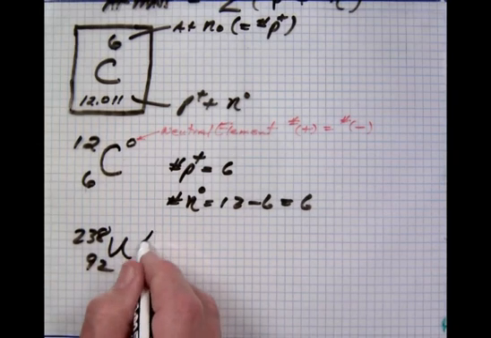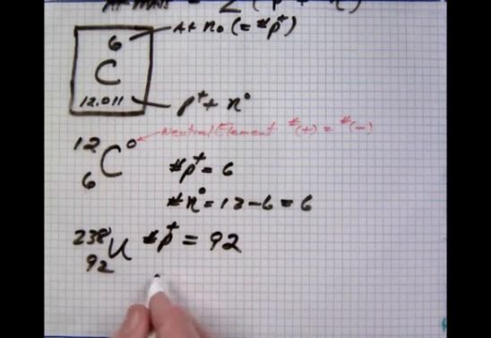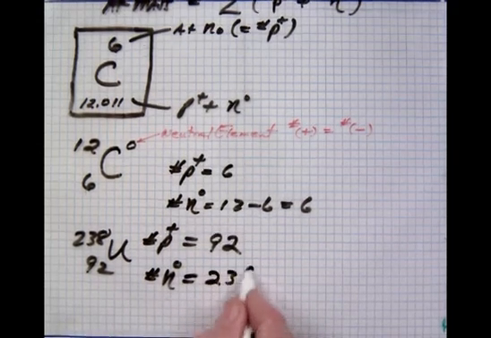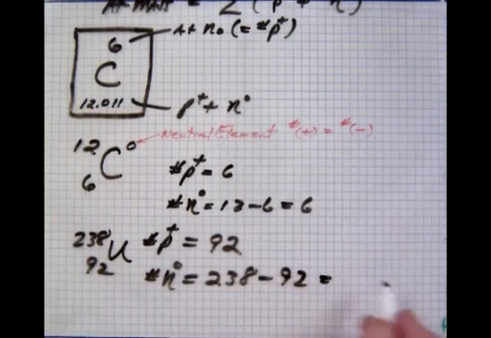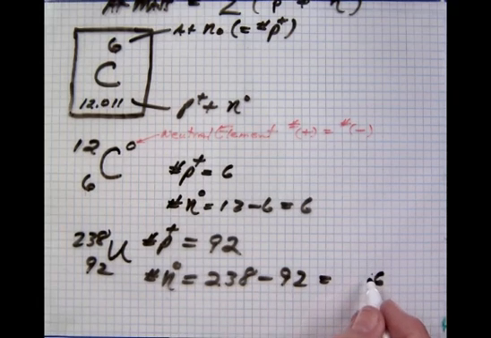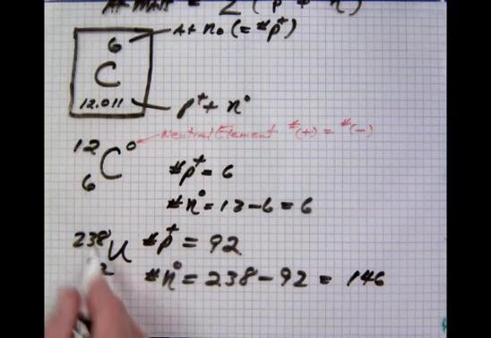Well, the number of protons is 92, but the number of neutrons is 238 minus 92, which is 146 neutrons. So all that's stuffed in the nucleus, and essentially you want to determine that.